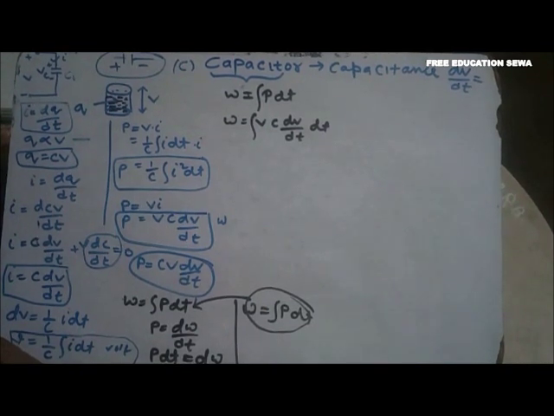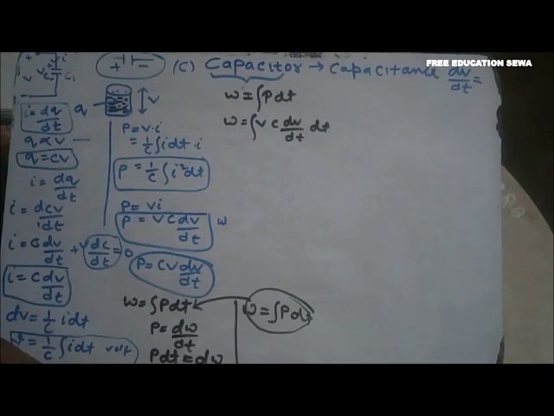Work done equals integration of power. If you substitute the value of P equals VC dV by dt, what will you get?